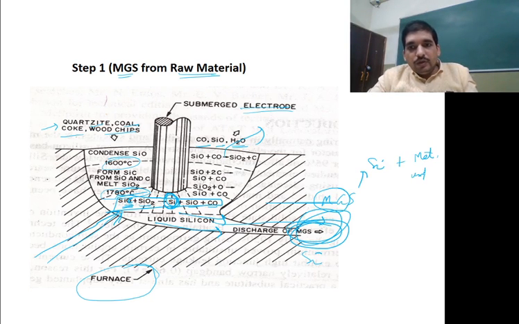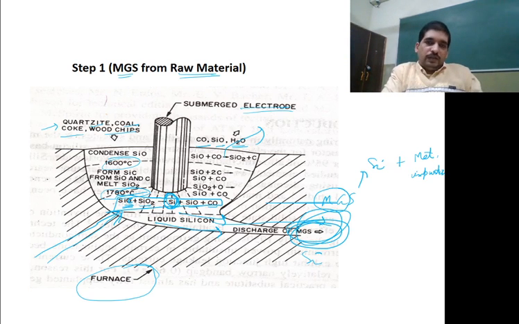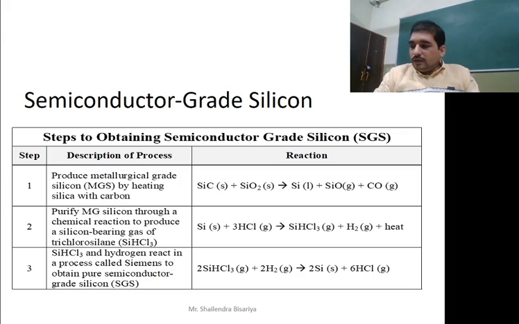But we have extracted the silicon from other raw materials, right? So we have obtained the silicon, and this MGS, as I said, is 95 to 99% pure, known as metallurgical grade silicon.